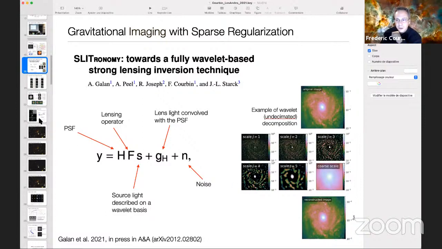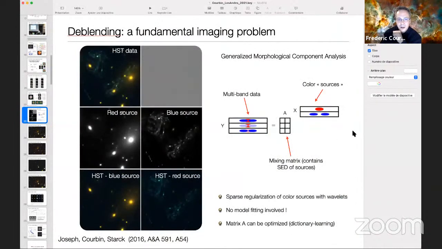Now, the way we do this here is that we just have a cost function, which is the difference between the data and the combination of the different sources through this mixing matrix, and where each of the sources is decomposed on wavelets. The technicality to minimize the cost function is a bit tricky, because you can say my image is a number of pixels described by wavelets, and you do the minimization in pixel space.